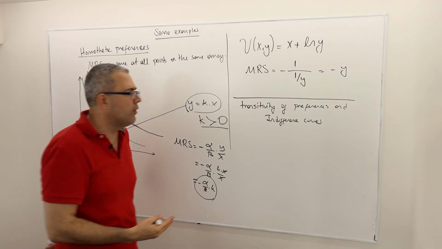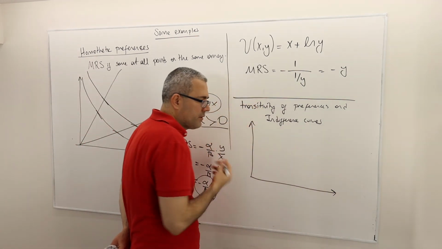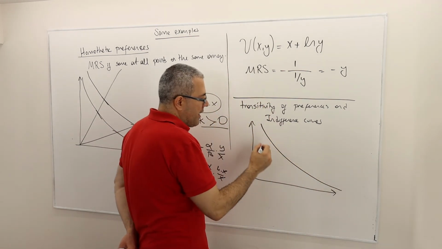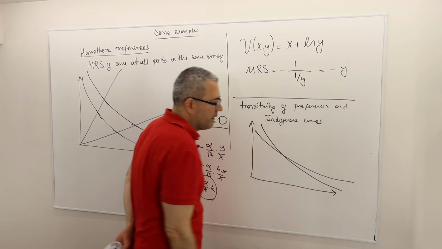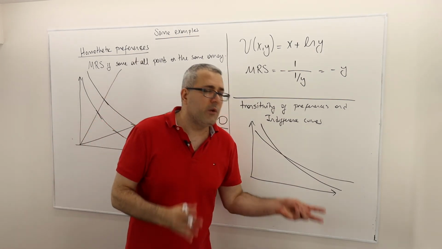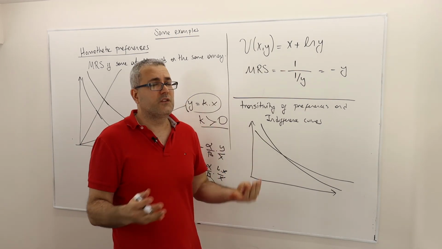But is it really always the case? I mean, can I have a preference relation with an indifference curve like this, and then another indifference curve like this? Is it possible? Meaning, two indifference curves intersect with one another at some point.